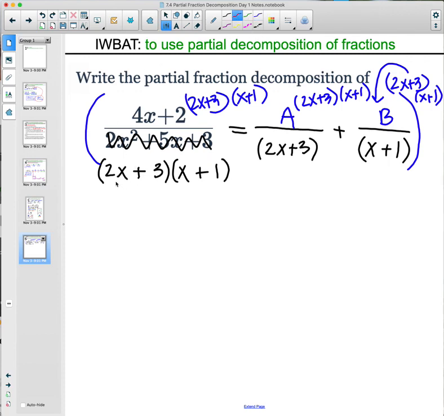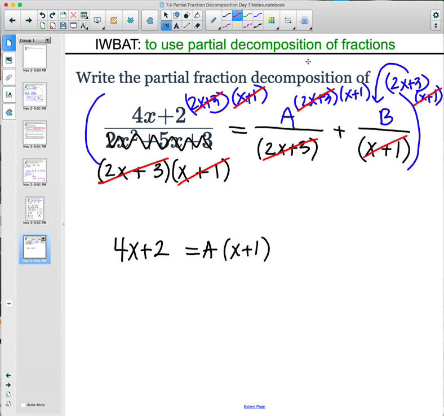Cross out common factors top to bottom. So this 2x plus 3 and the 2x plus 3, the x plus 1 and x plus 1. So in this first one, you're just left with the numerator, 4x plus 2. The 2x plus 3 and the 2x plus 3 will cancel here, so you're left with A and x plus 1.